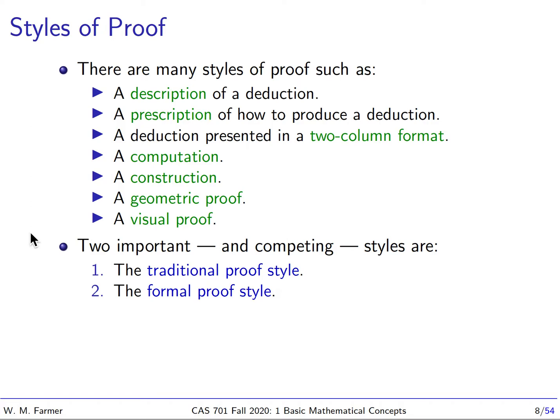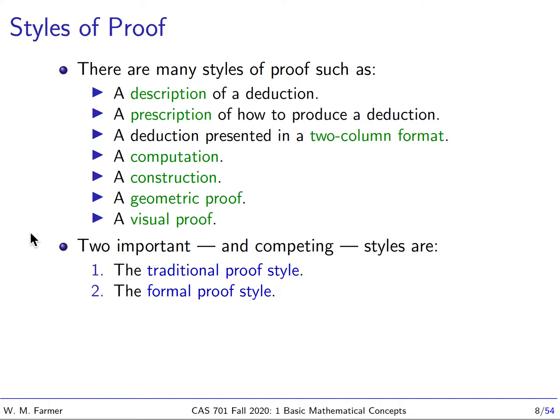The ancient Greeks were really one of the first people to really understand and value the power of proofs, but they did all their proofs geometrically. They didn't really have a sense of algebra then. And finally, there are visual proofs. These are proofs that convey lots of information just visually. In our discussion sessions, I'll give examples of all of these at some point.